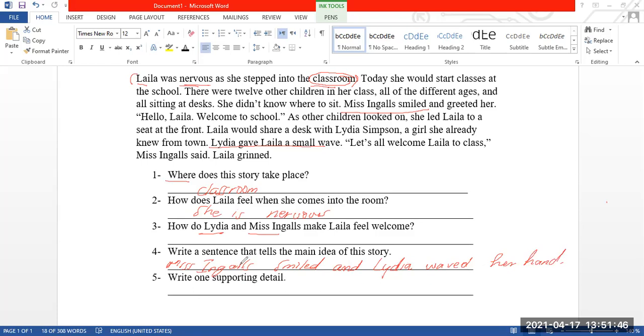Write one supporting detail. You can choose whatever you like from here. One supporting detail could be like, Miss Engels greeted her and welcomed her. Hello, Layla, welcome to school. Okay, she said, we can pick up this one.